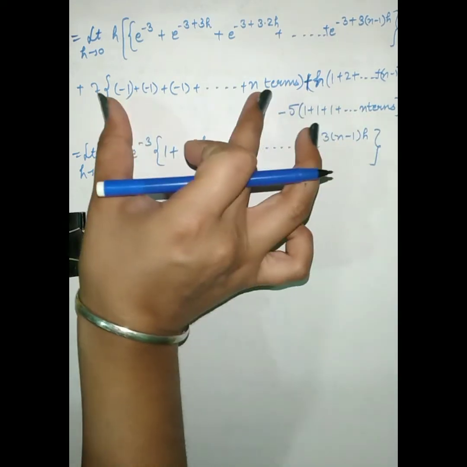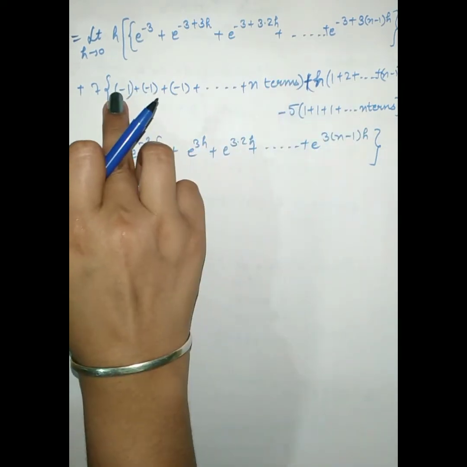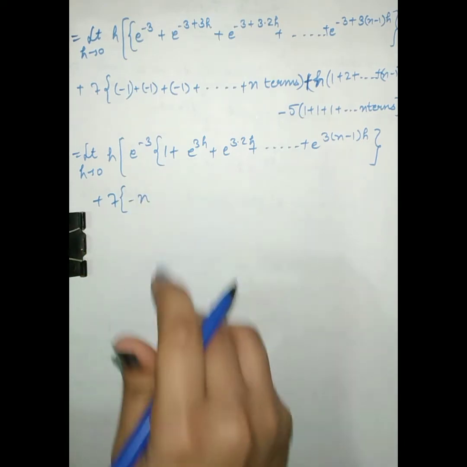That means this will also be equal to n. So here there will be the negative sign, so we will take minus of n according to the formula.